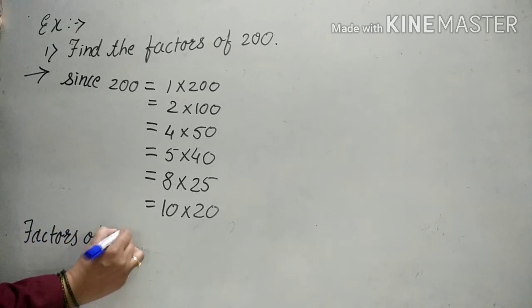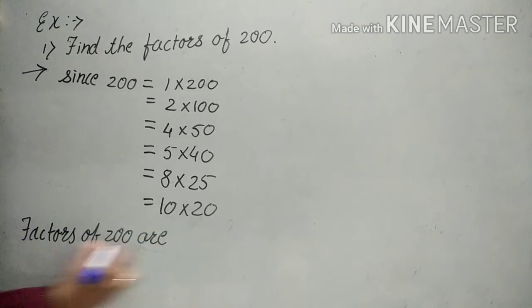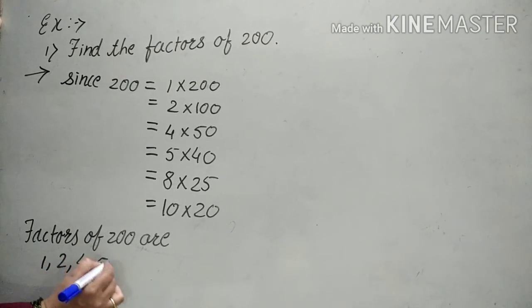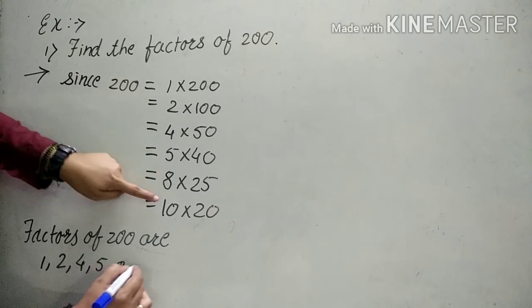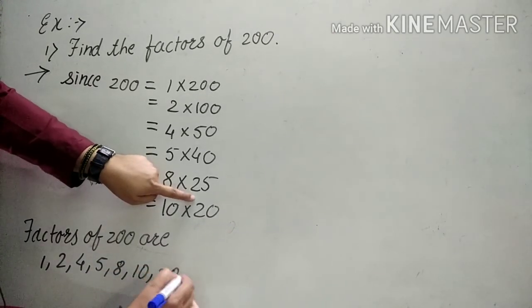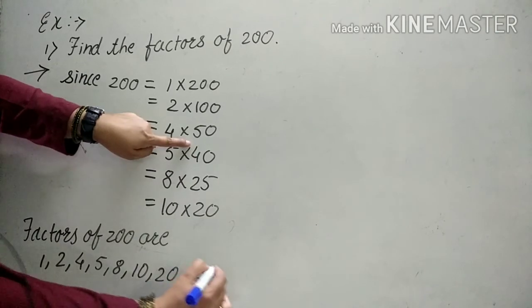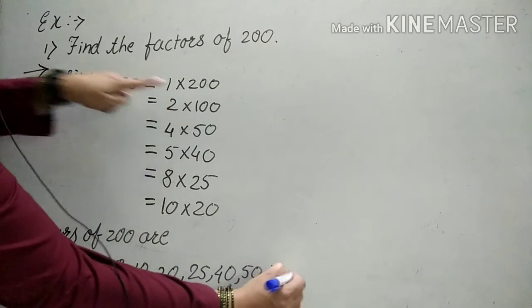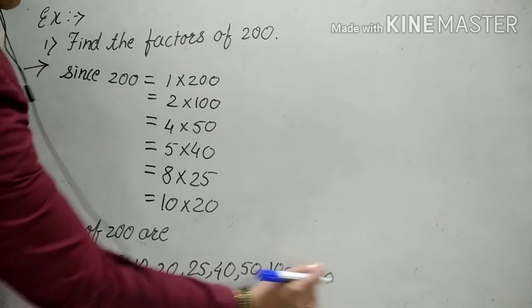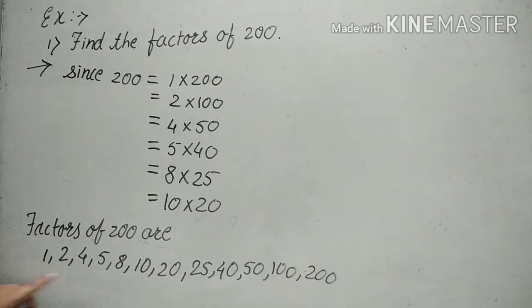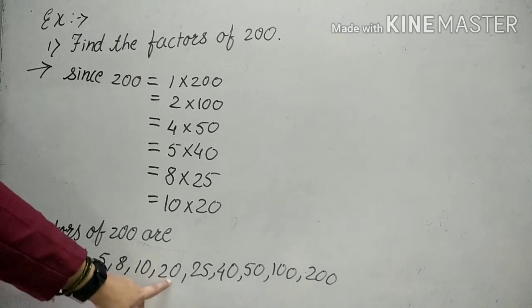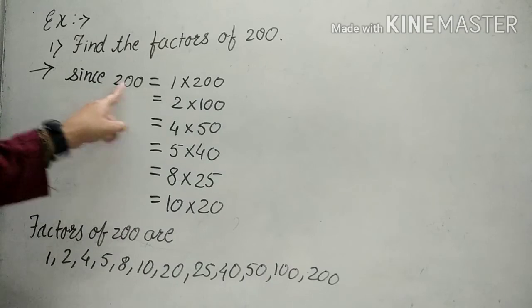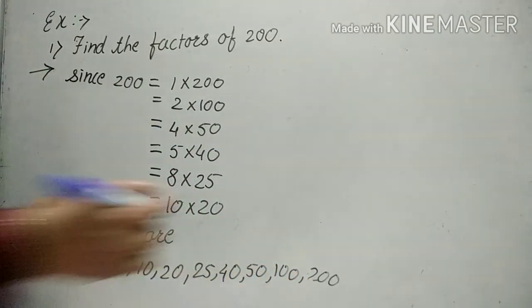Factors of 200 are 1, 2, 4, 5, 8, 10, 20, 25, 40, 50, 100 and 200. Maximum should be the number itself. Yes. So our answer is correct.